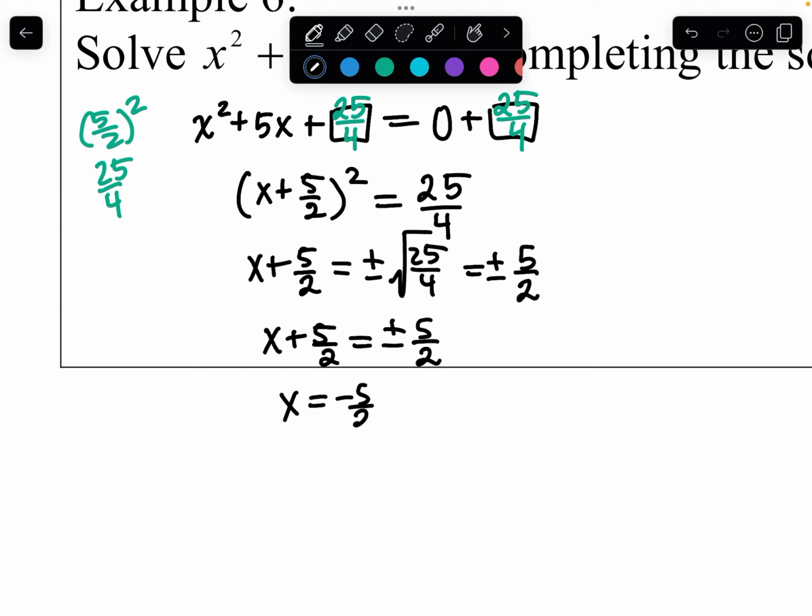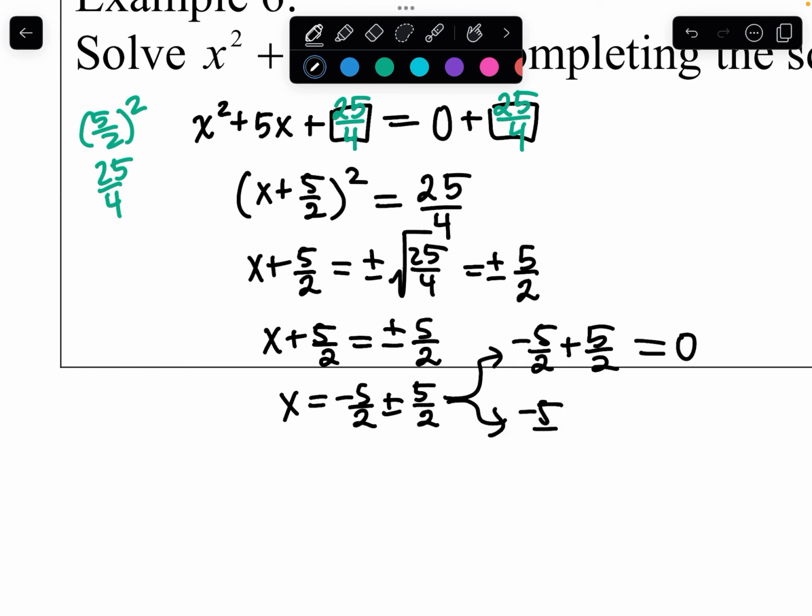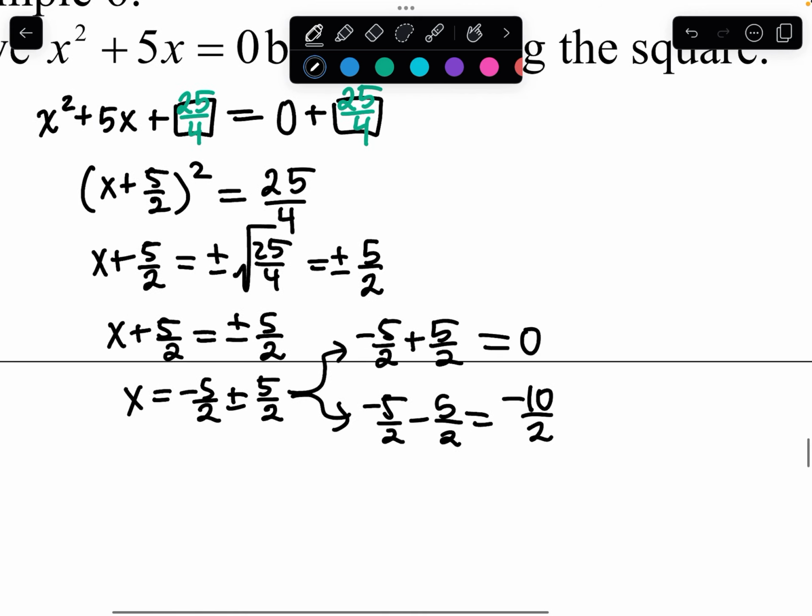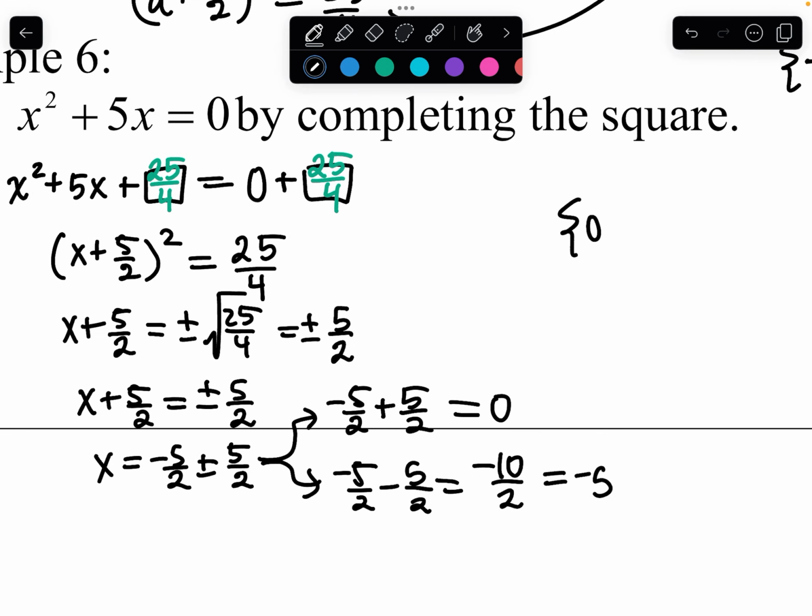Slide the 5 halves to the other side to combine with the other 5 halves and write your cases. So negative 5 halves plus 5 halves would give us 0. Negative 5 halves minus 5 halves would get us negative 10 over 2, which is negative 5. And so our solutions here are 0 and negative 5.